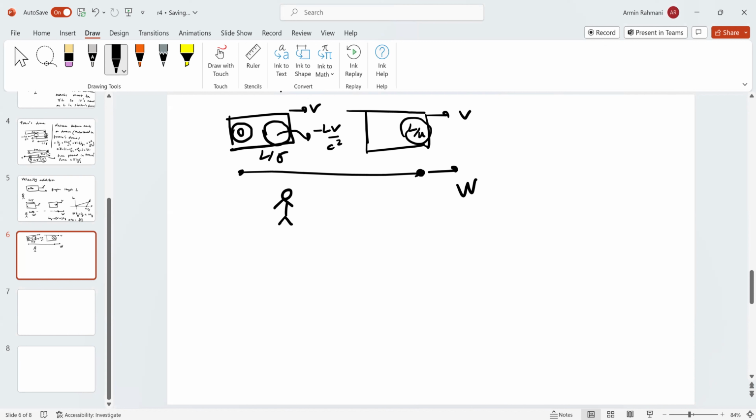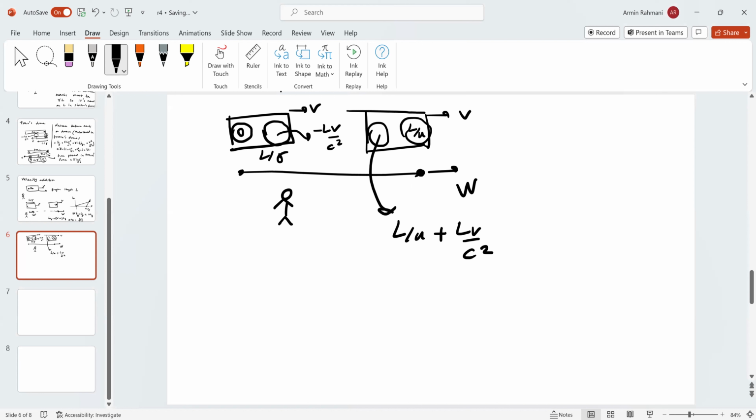It went from minus LV over C squared to plus L over U. So at this event, the ball hit the front wall. This clock over here should read, started from 0, L over U plus LV over C squared. So that's the reading on this clock, and essentially the time that has elapsed in this moving frame is going to be that, because it went from 0 to this.